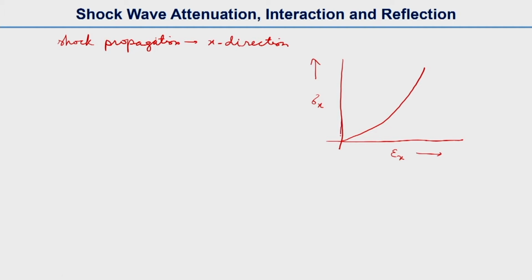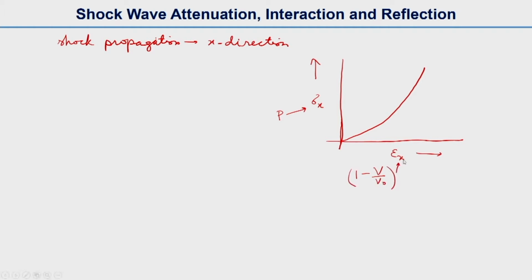What we did is we replaced the pressure P with sigma x, and we substituted epsilon x for 1 minus the current volume divided by the initial volume.